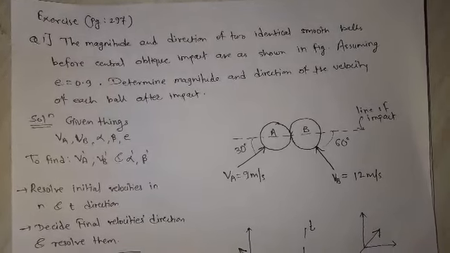Now let's consider after collision. The balls are moving in this direction, which is away from each other. Generally the balls move away from each other, but it is not compulsory that the balls should move away from each other.